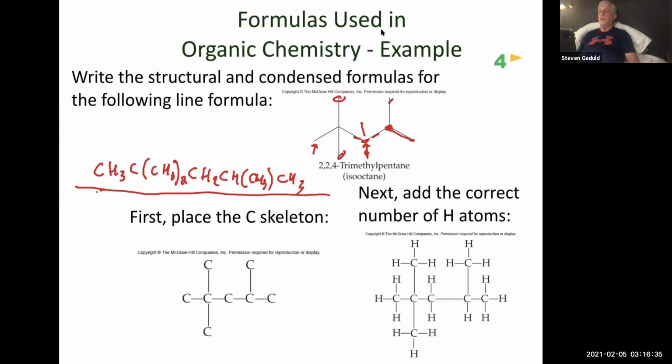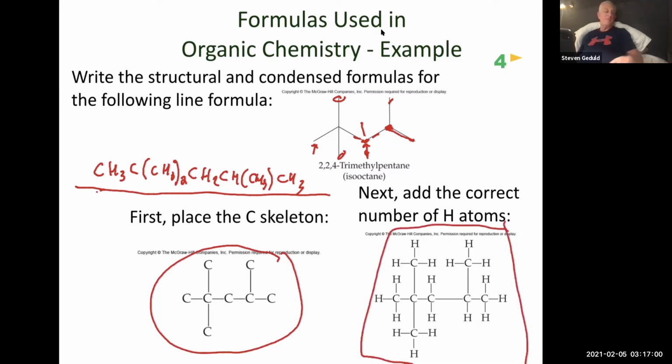Okay. What you need to do for your exams is to be able to write condensed formulas, structural formulas, and line formulas, and be able to convert between them. So for a structural formula, we put a carbon at every bend and at every end of every line. And then you fill it in with hydrogens. That's your structural formula.